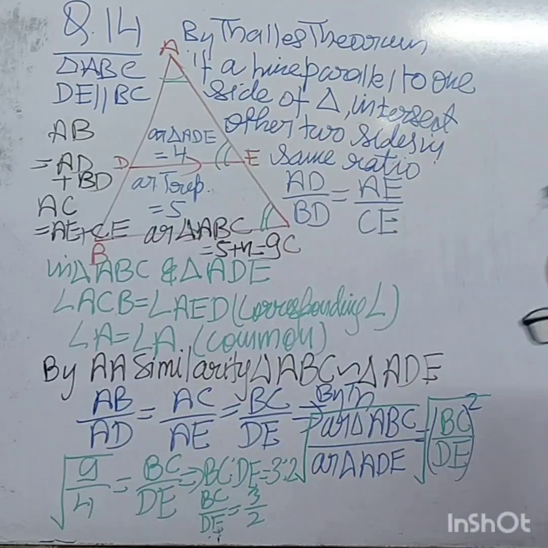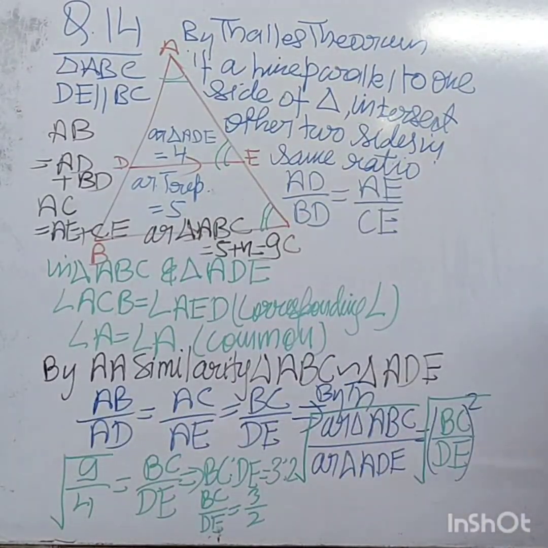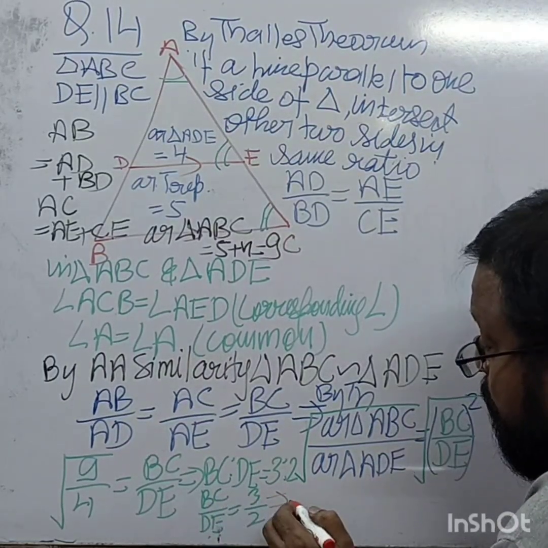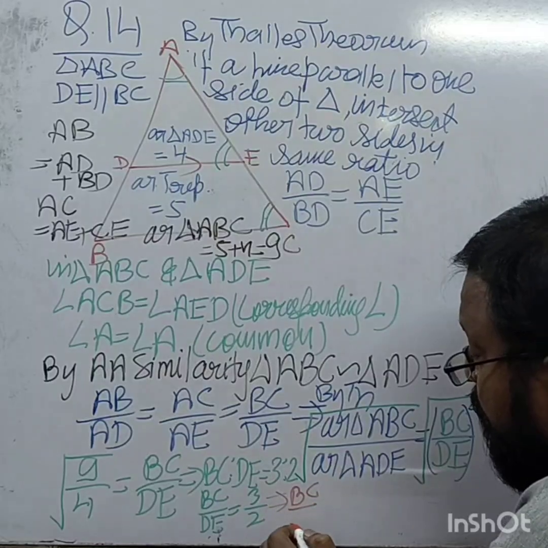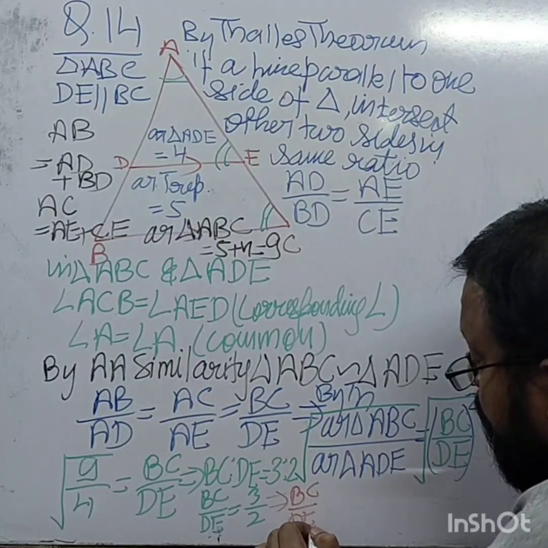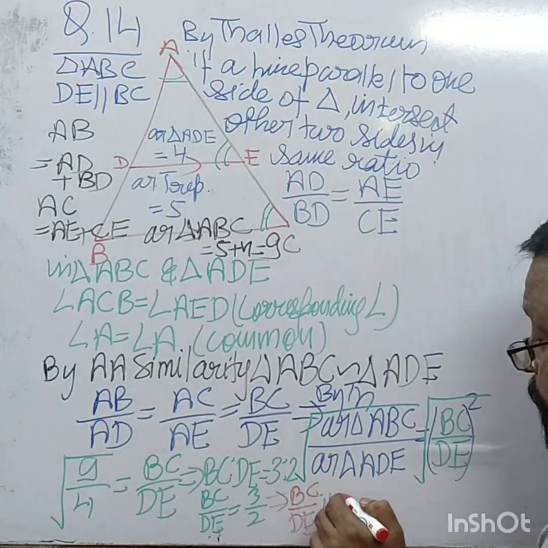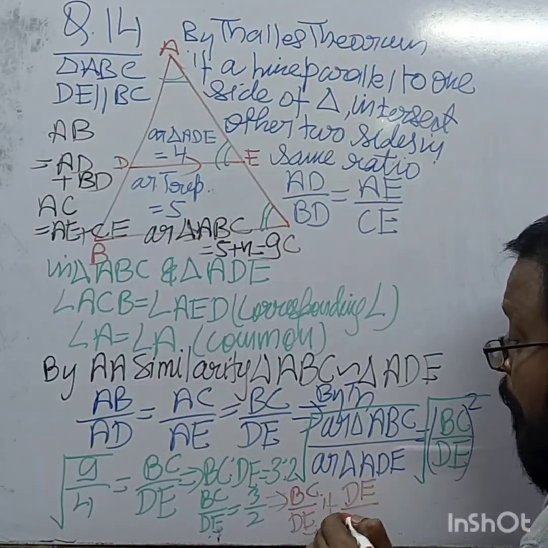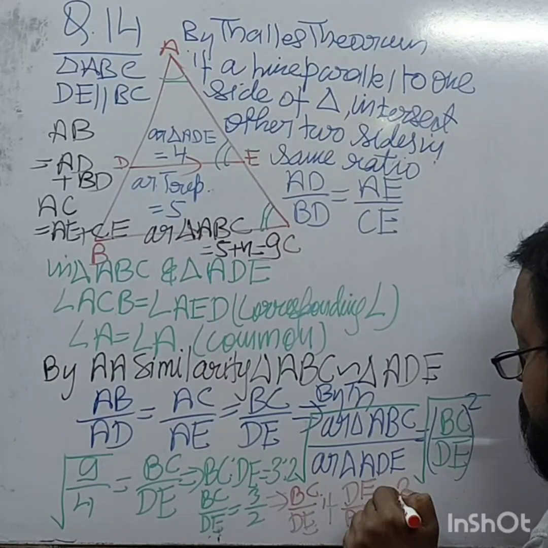Okay. This is BC upon DE. If DE upon BC, then it is 2 upon 3.